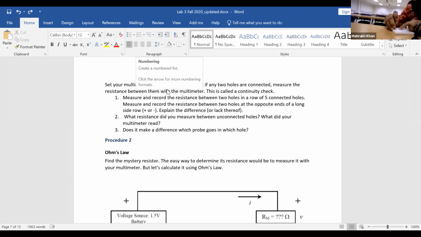Sometimes it's hard to put them in the holes. So I put two wires in the same vertical line. Okay. So why I'm putting these wires, because they will help me to connect the lead. And then I will use these two leads by turning it at ohm meter and check their continuity.